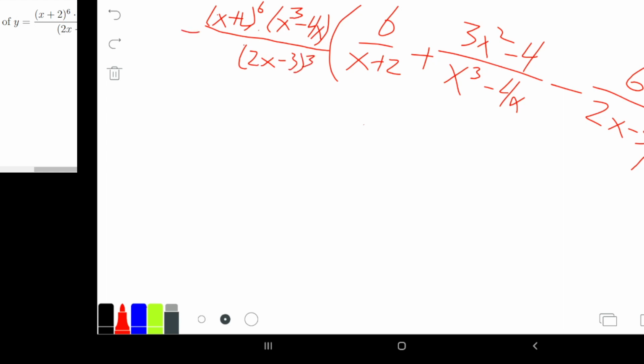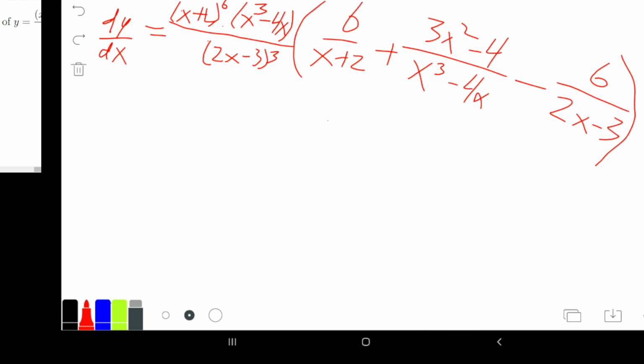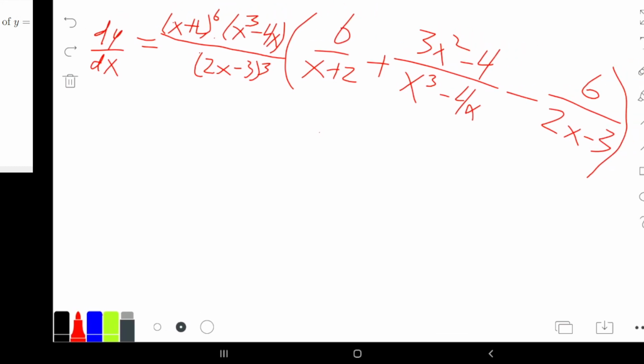And this is what y prime, or dy dx, is equal to. Sorry that I couldn't fit that all on one screen. There it is.